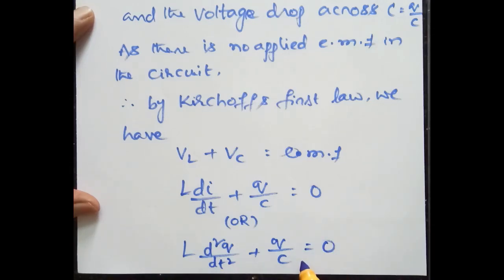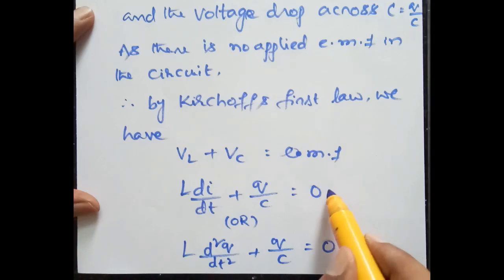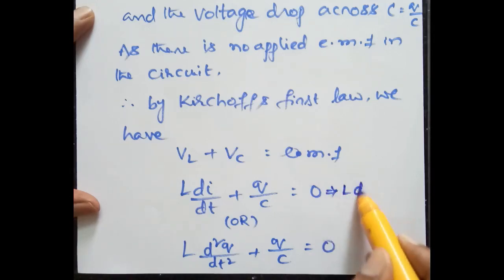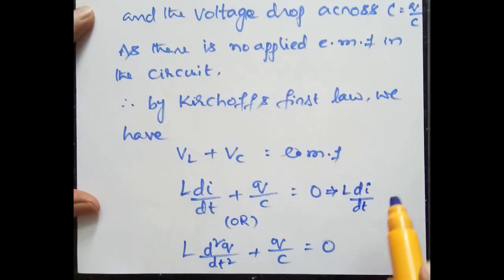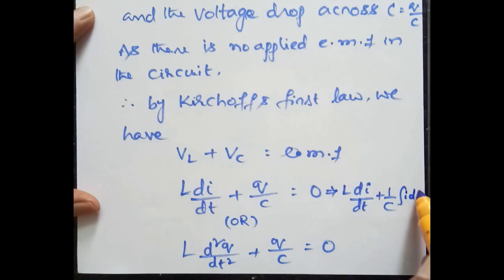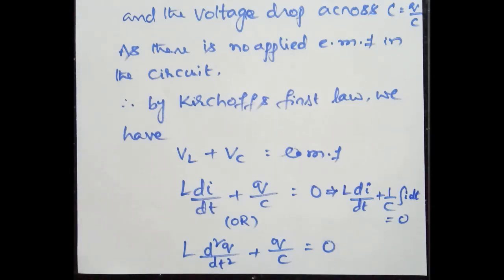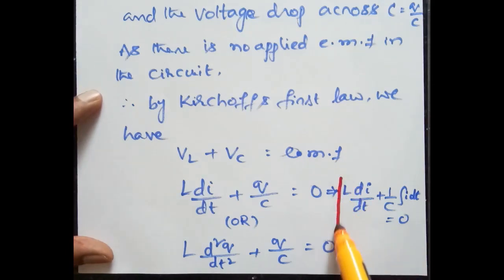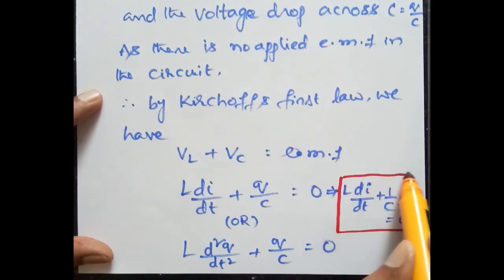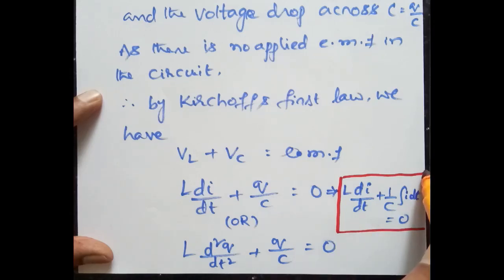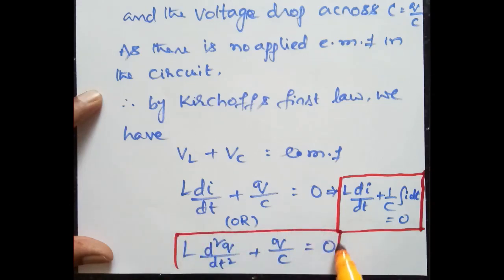So this is in terms of q, or this can also be written as L into di by dt plus 1 by C into integral I dt, since q is equal to integral I dt, by the basic relations. This is in terms of I, and the other is in terms of q.